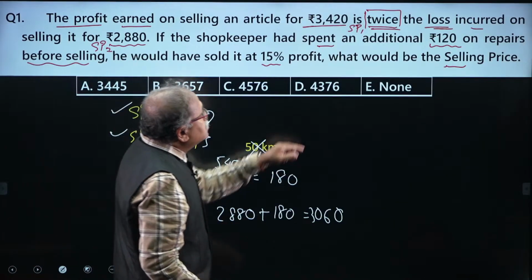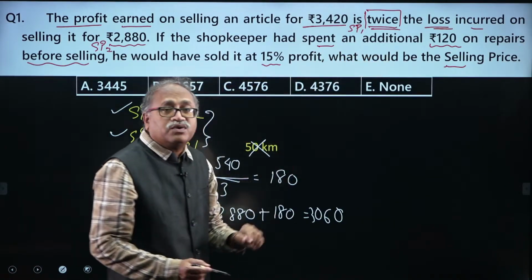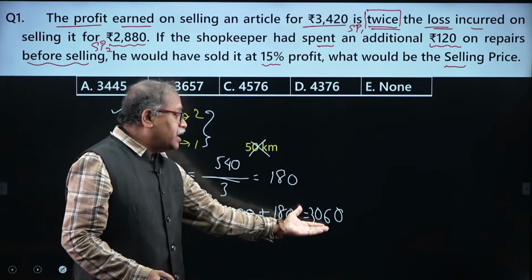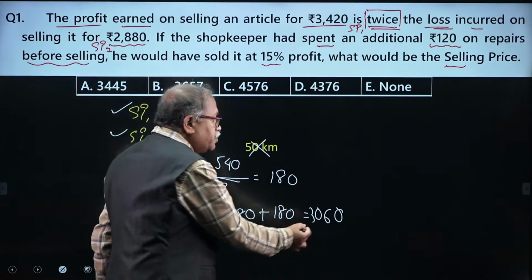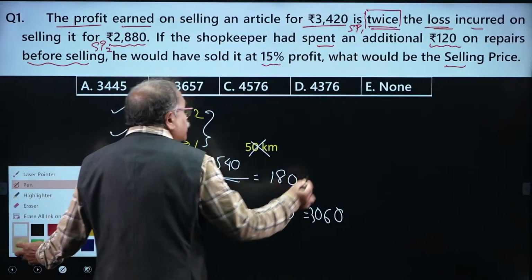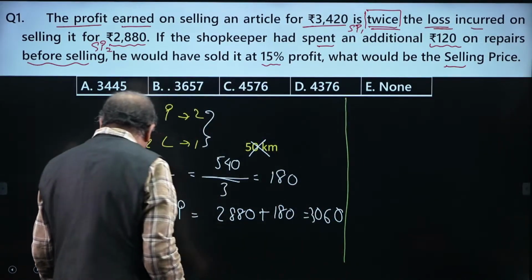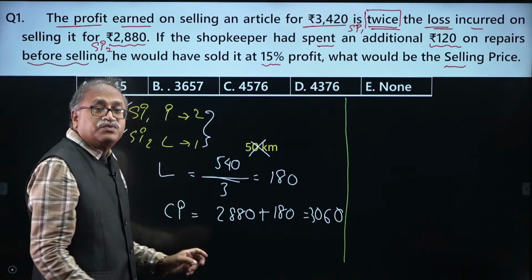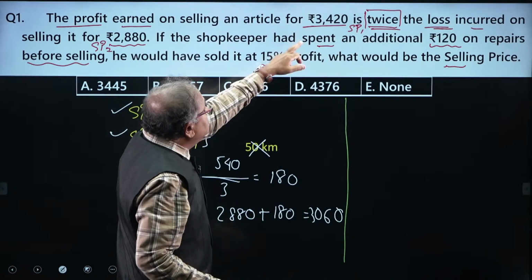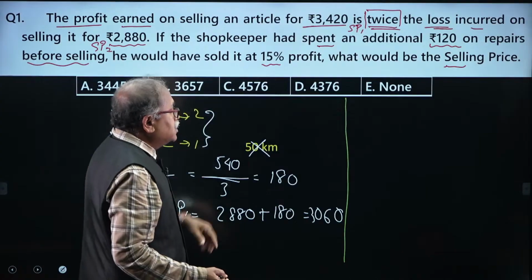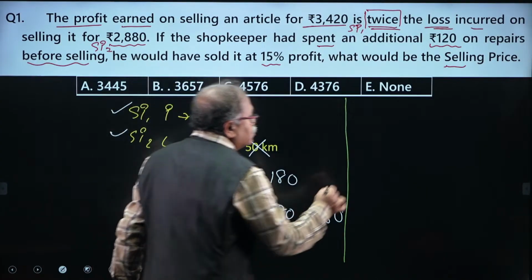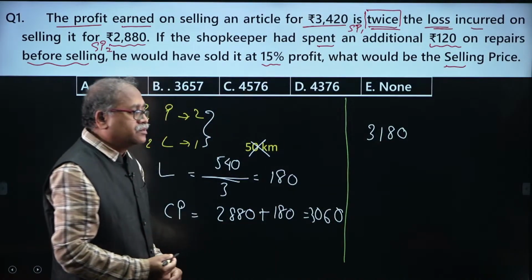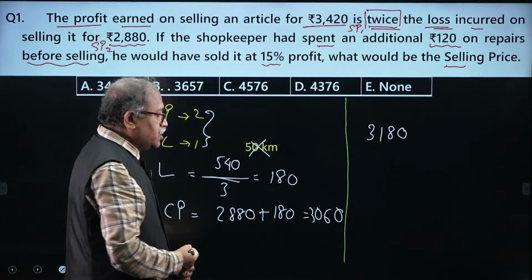Now, it is said that the shopkeeper has added 120 rupees for repair. When I add 120 rupees to this value, the final cost price will be 3060 plus 120, that is 3180. Okay, fine.